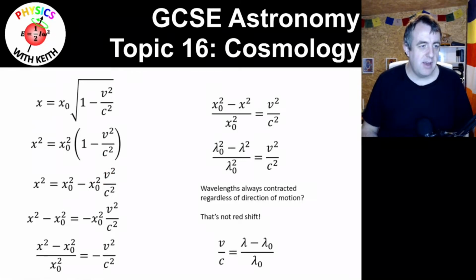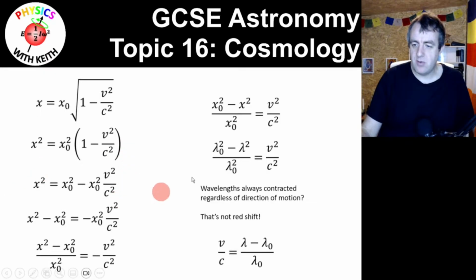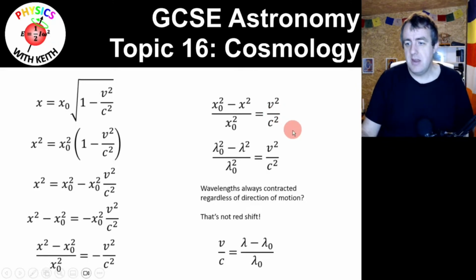We've multiplied it out, and then we are subtracting x0 squared from both sides, and then we're dividing through by x0 squared as well. We end up with an equation that looks a bit like this when we multiply through by -1 as well, so these two swap over. And if the distance we're talking about is a wavelength, we get something that looks a bit like this.